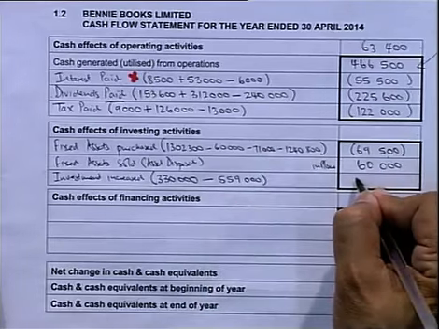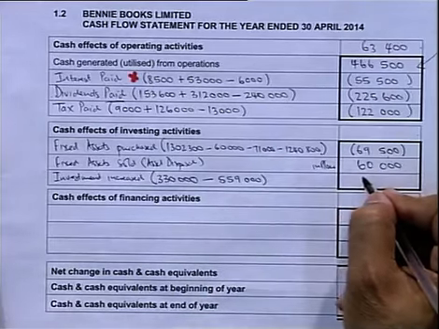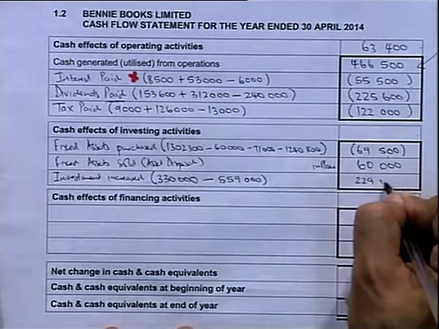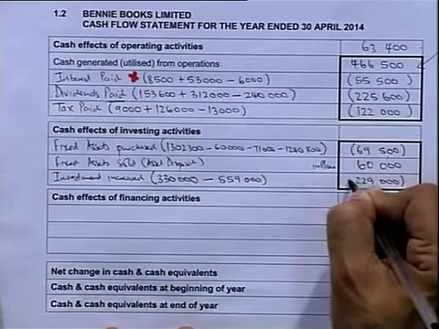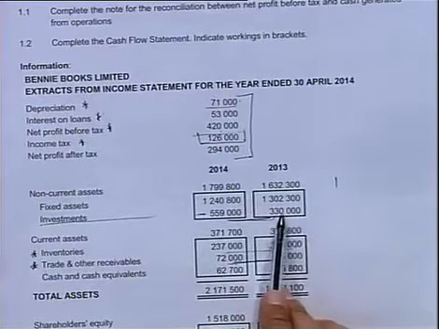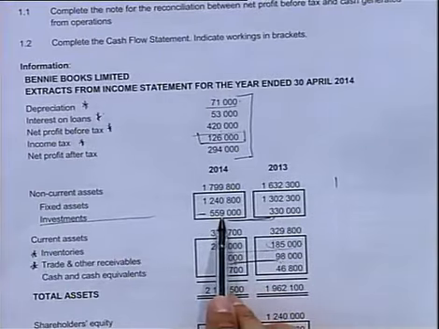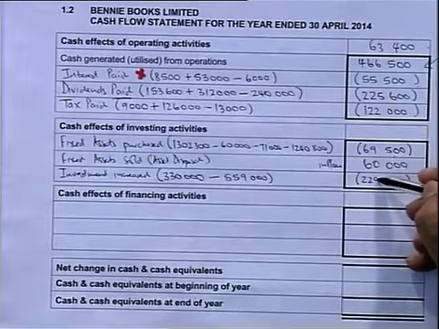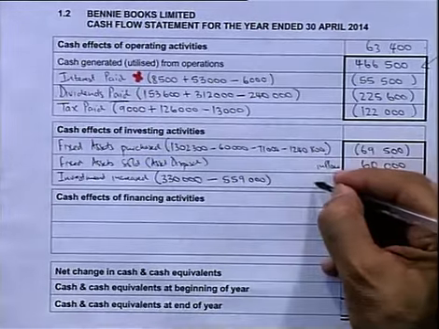So that will be a difference of 229,000. It will go in brackets because the investment increased, meaning that we had to put extra money into the fixed deposit. So that's why the 229,000 is seen as an outflow.